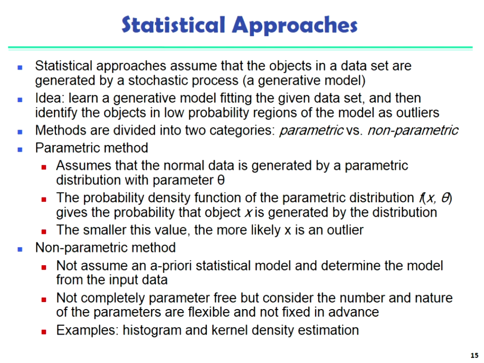Non-parametric methods do not assume an a priori statistical model and determine the model from the input data. This is the difference. In the parametric we assume that the model exists, with a parameter, and in non-parametric methods we assume that there is no model and we determine the model from the input data. Is it clear? Any questions about statistical approaches?